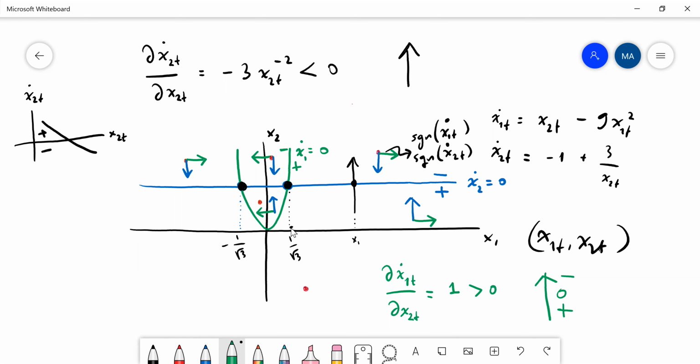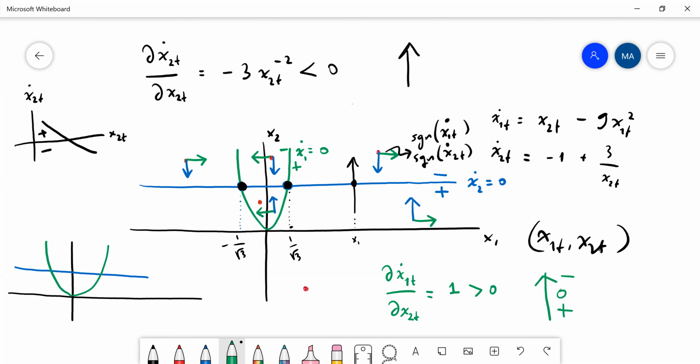So, if I draw another version here for clarifying the regions, we have that. We have that, right?